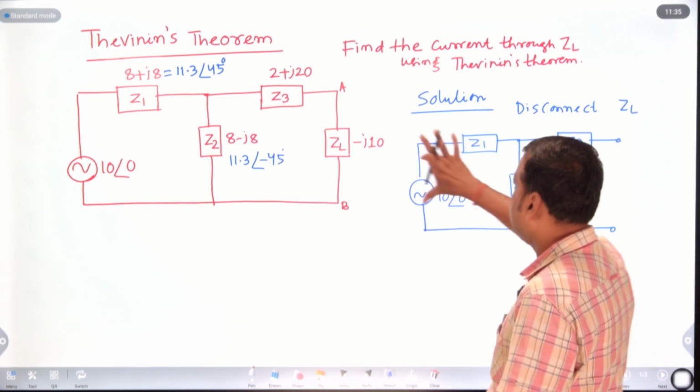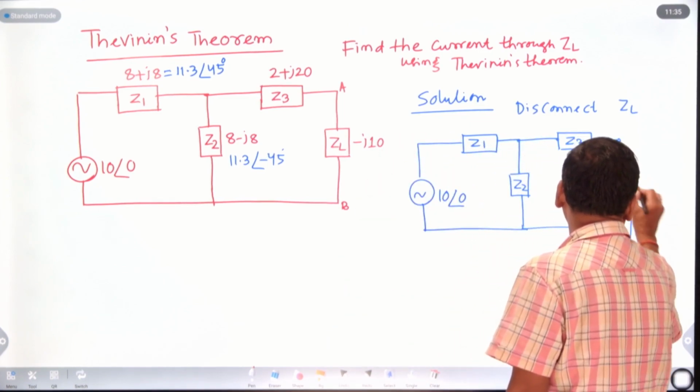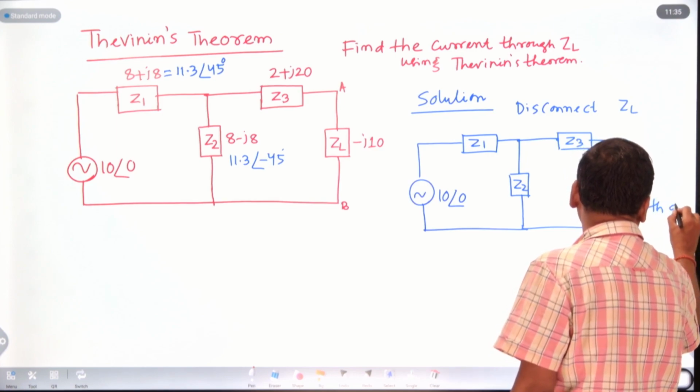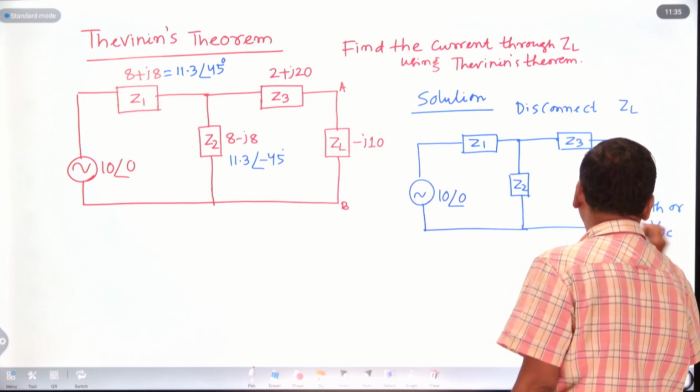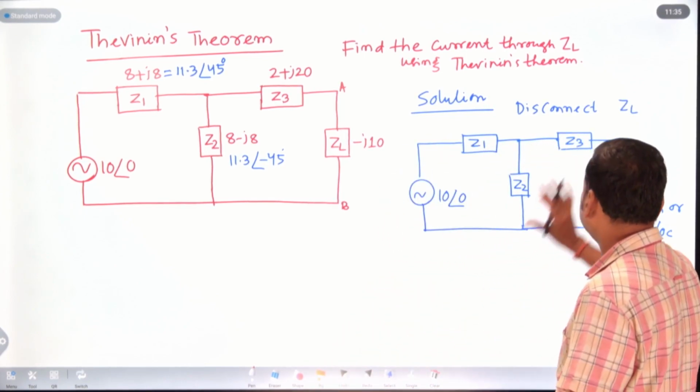If we disconnect the load impedance, we have to calculate the Thevenin's voltage VTH, or open circuit voltage VOC. So how to calculate VTH or VOC?